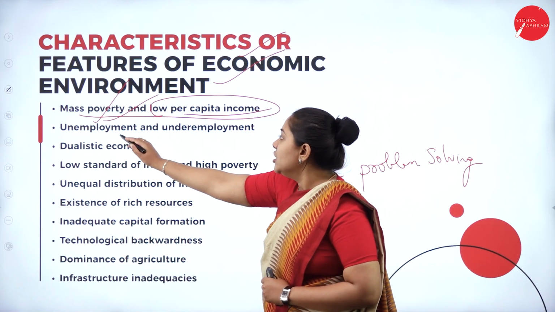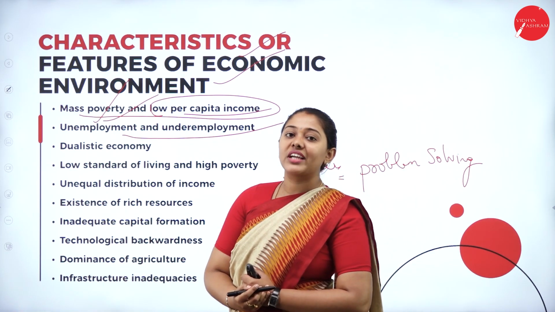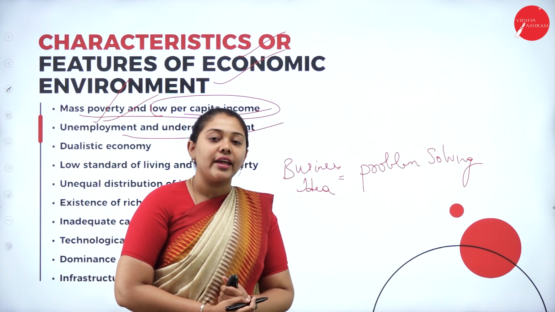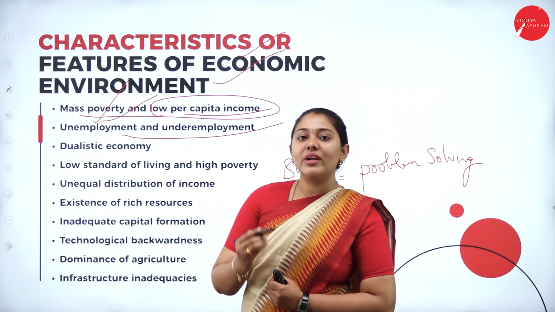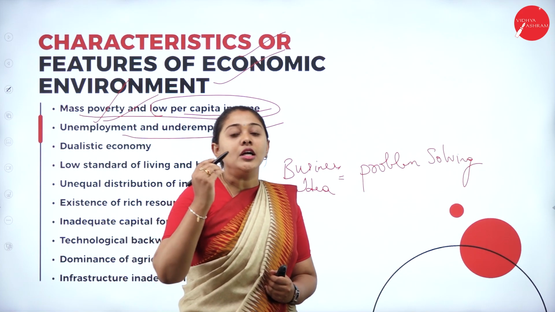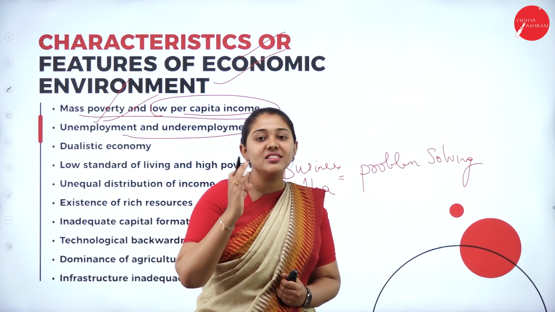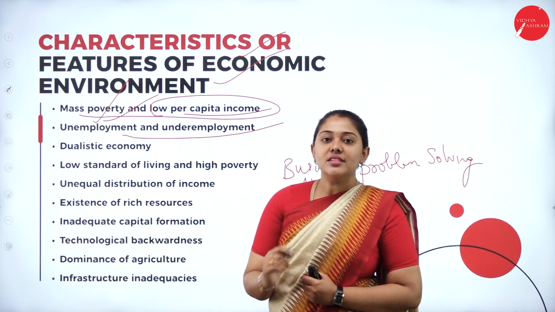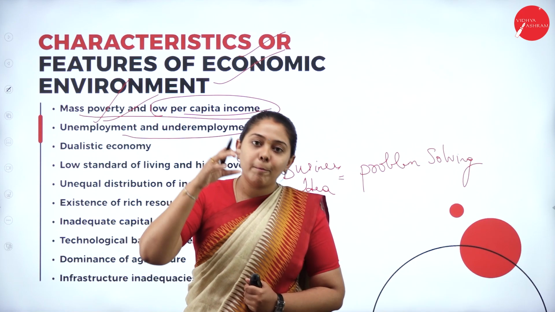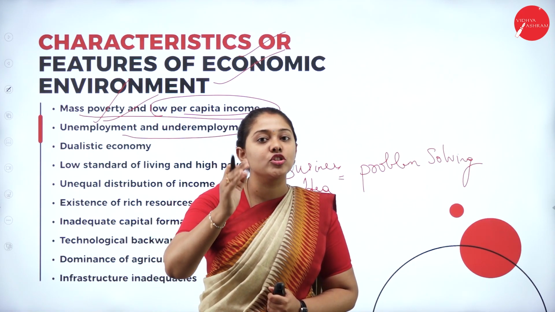Moving forward, unemployment and underemployment is the second feature or characteristic of our economic environment. What is unemployment? Unemployment is a situation where a person keeps on searching for a job but doesn't get one. Underemployment is where a person has been placed in a lower skilled job than his educational level.